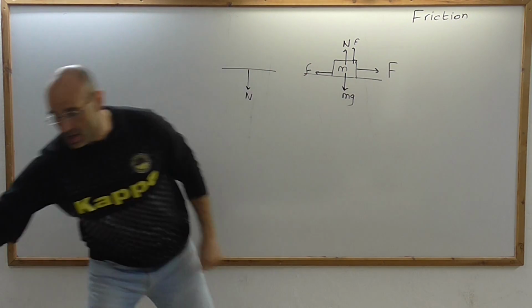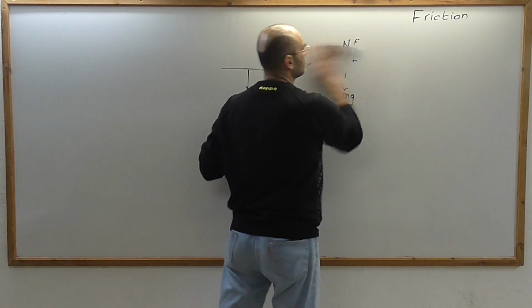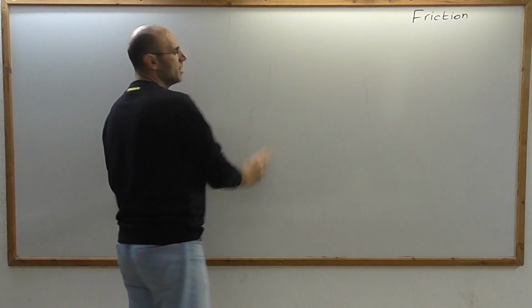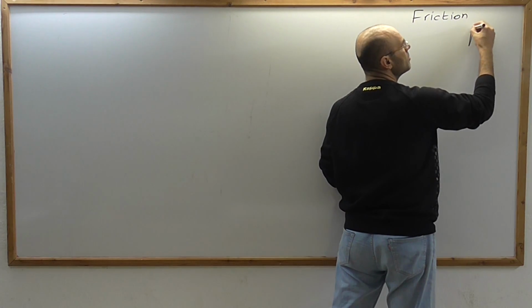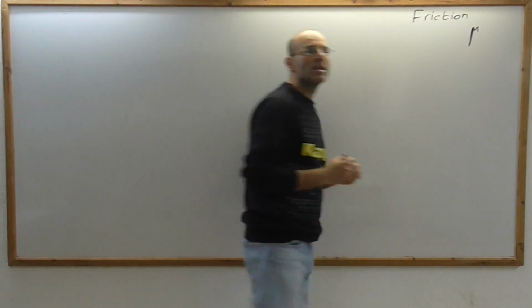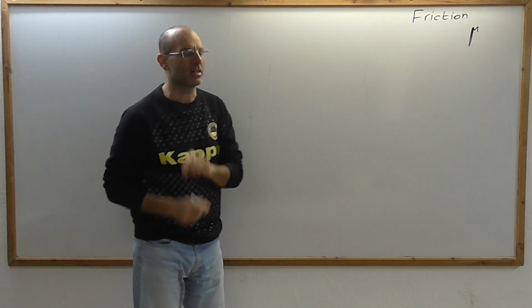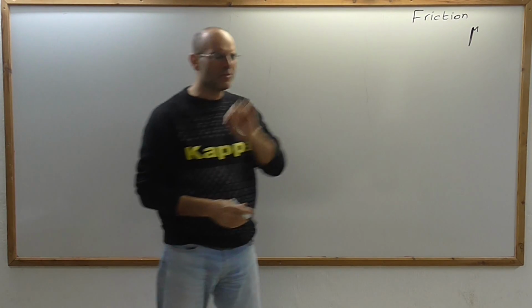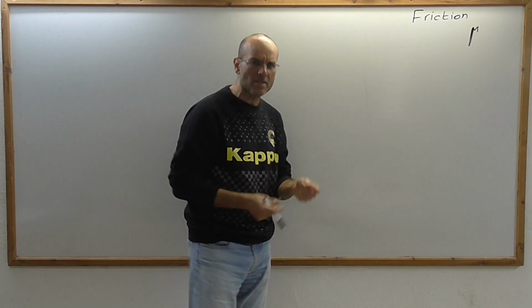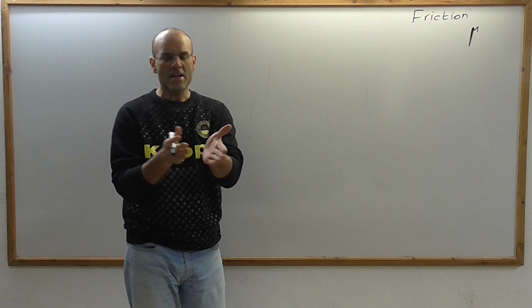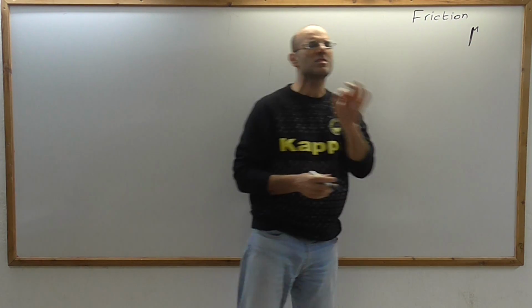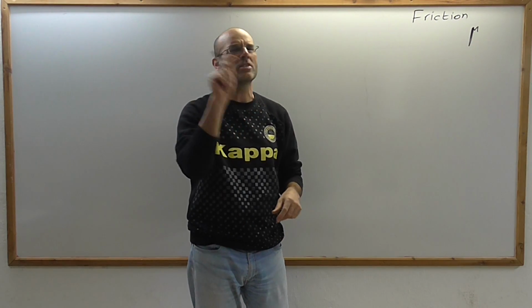Let's put it in letters, in equations now. The surface we symbolize with the letter mu. Mu is the coefficient of friction. We have charts. Every substance has its own mu. For example, metal and ice will have a very small mu, like 0.001.